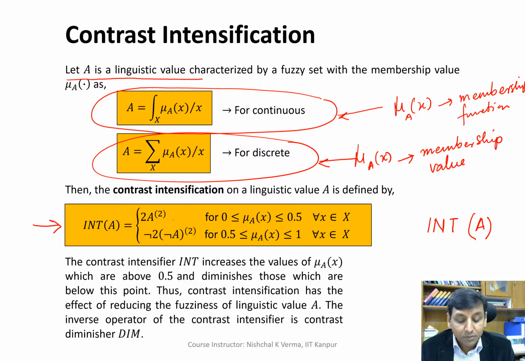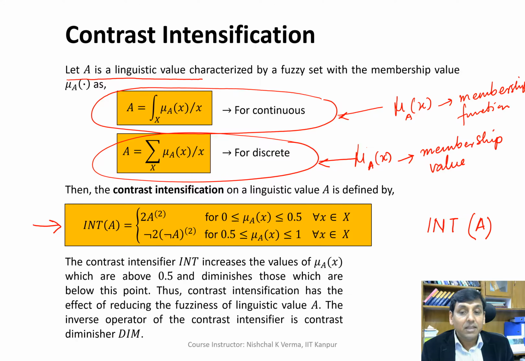This means that we are doing the concentration, and this is a normal concentration, because for normal concentration we have K is equal to 2.